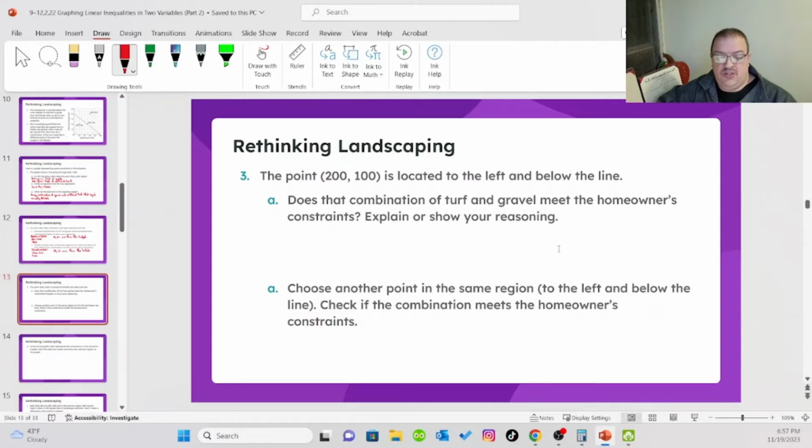Now they want us to look at the point 200, 100 that is located to the left and below the line. Does that combination of turf and gravel meet the homeowner's constraints?